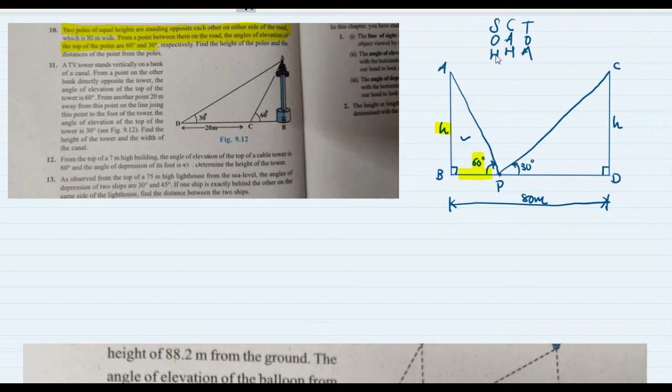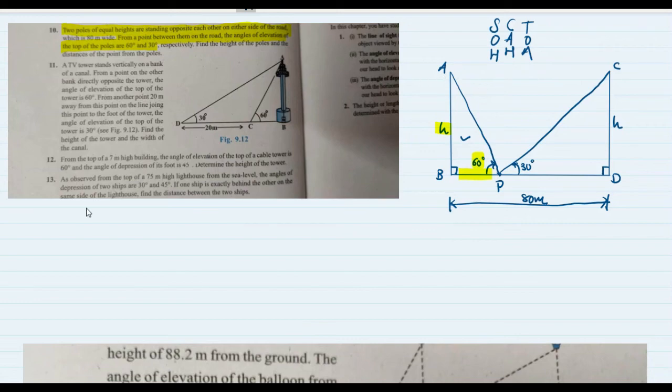Sine is opposite upon hypotenuse. C means cos. Cos is adjacent upon hypotenuse. Here hypotenuse is not at all in question. And tan is opposite upon adjacent. So opposite and adjacent, always in trigonometry we'll be having tan. Mostly tan.